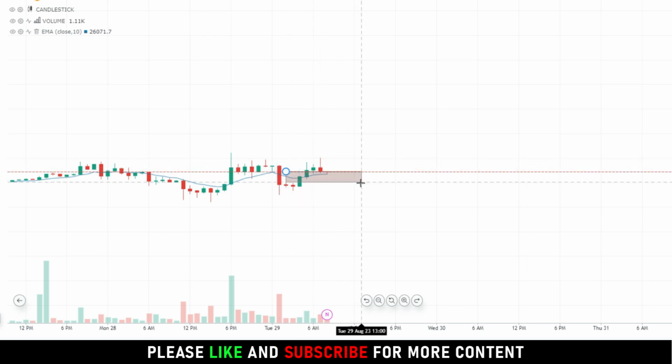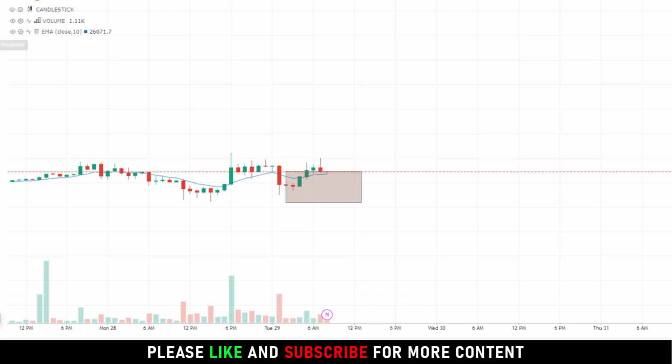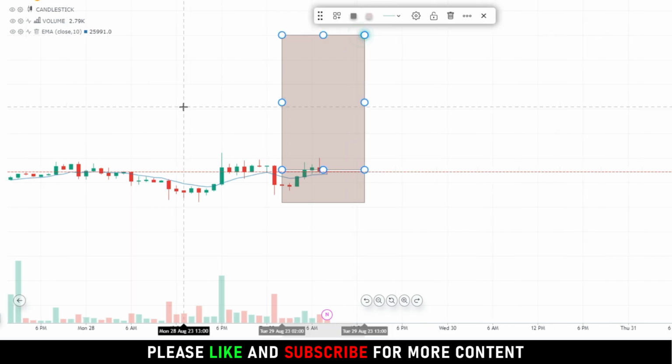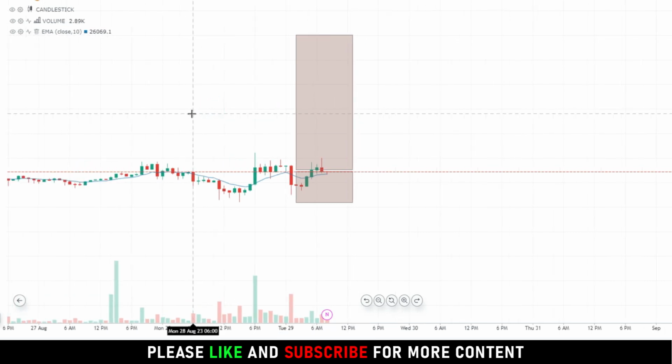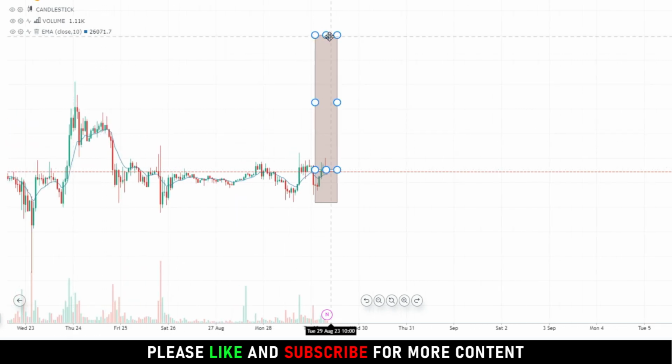Let's place it. The SL is below this area, and for our buying target I'm going to place it at least here. We can also identify the target depending on the previous candle high and so on, so I'm going to target this area.